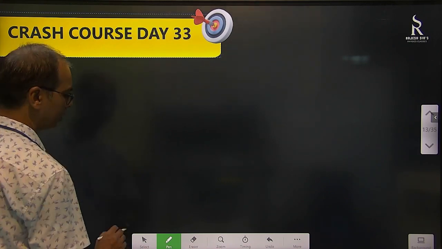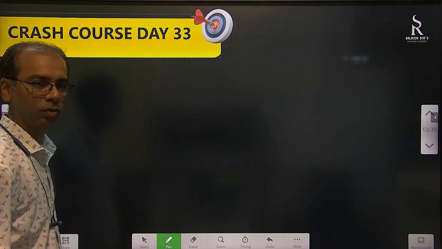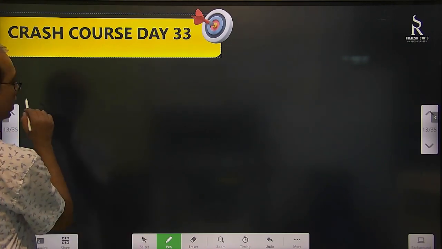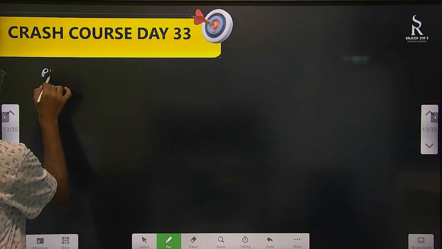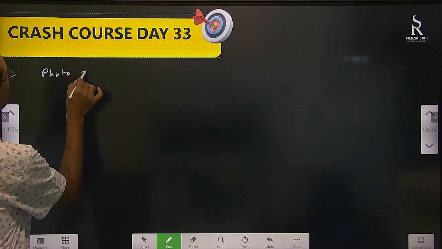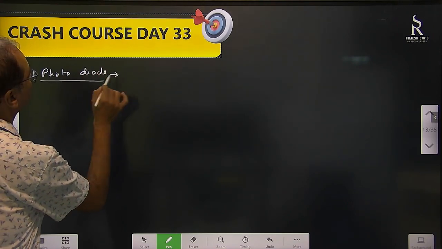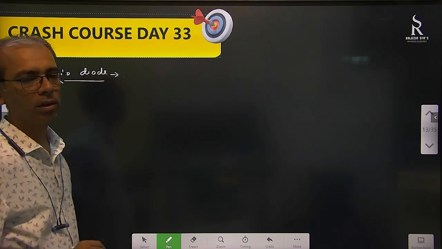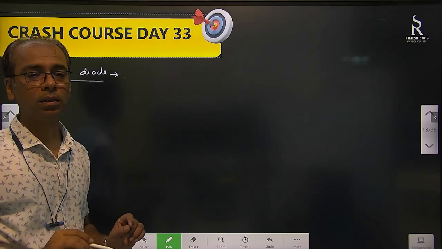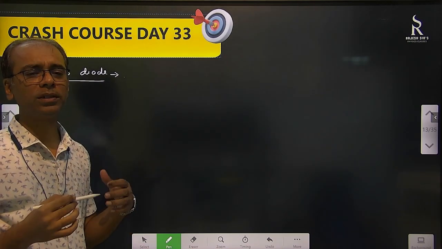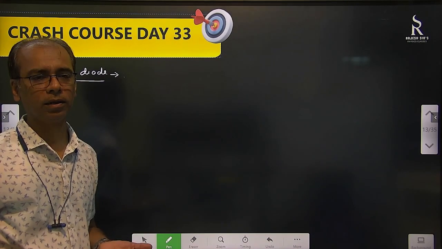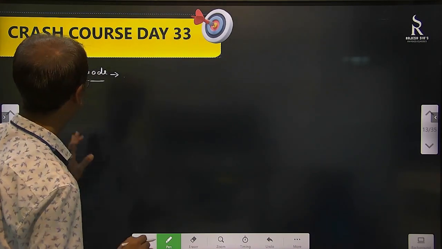Then you have the photodiode, photocell. A photodiode, you can say, is the opposite process of LED. What happens in a photodiode?